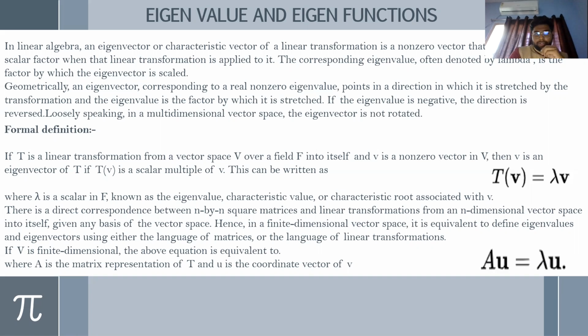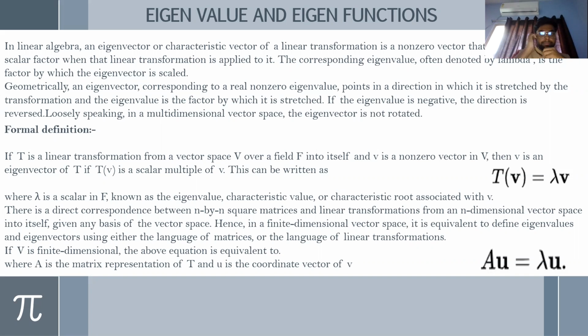Formal definition: if T is a linear transformation from a vector space V over a field F into itself and v is a non-zero vector in V, then v is an eigenvector of T if T of v is a scalar multiple of v.